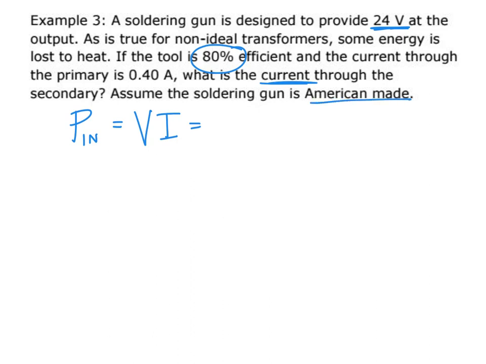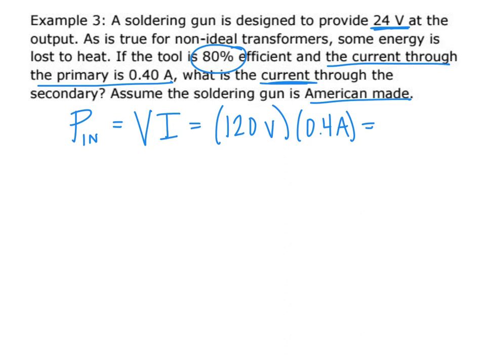That's our hint to tell us that the voltage is 120, like it is in our household sockets here. And the current through the primary is 0.4 amps. Okay, so we can determine that the power is 48 watts for the input.